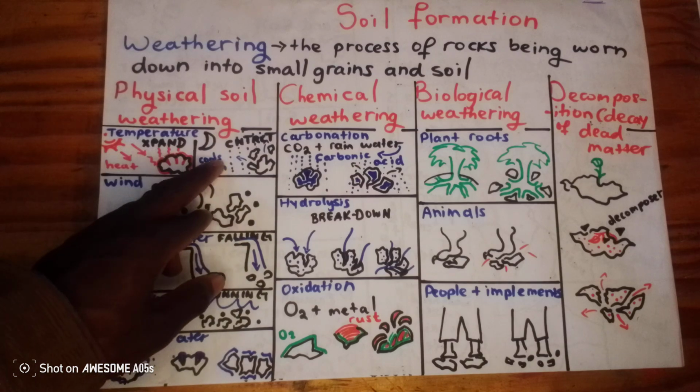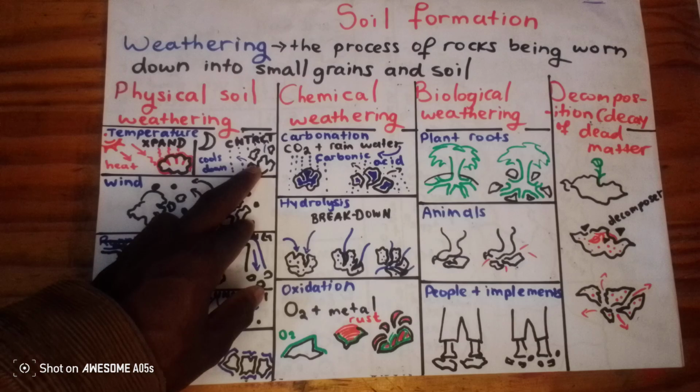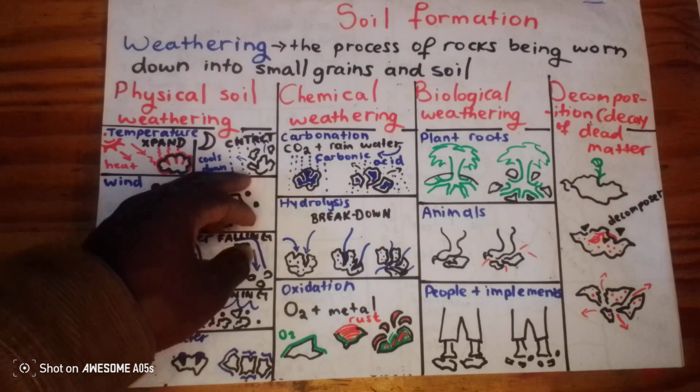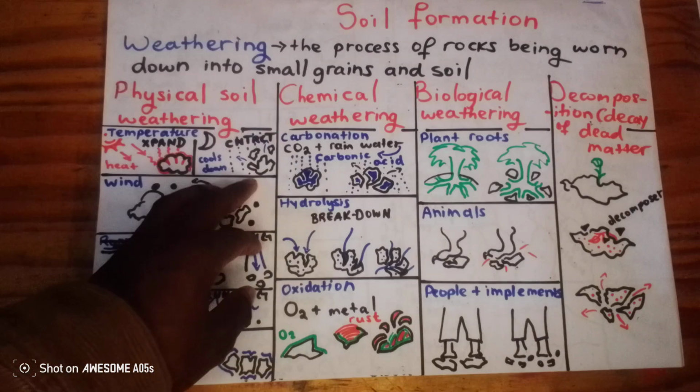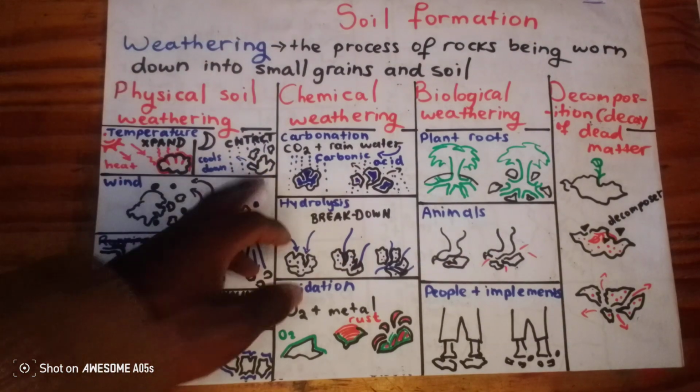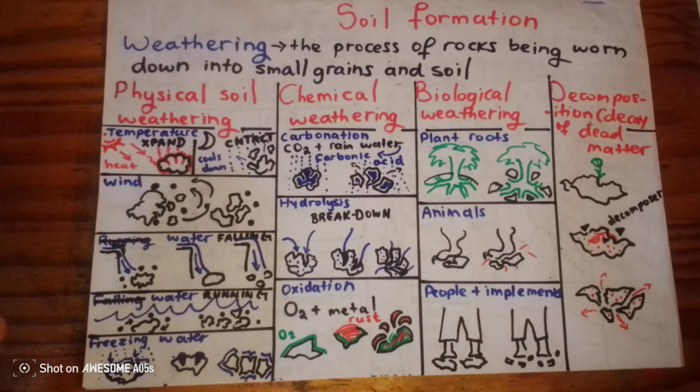During the night, the rock contracts. As it contracts, let's say it rains that night, and so the rock will cool down. As it cools down and contracts, it breaks apart. Eventually, over time, it will break apart, and then we have those fragments. So that's for physical soil weathering.